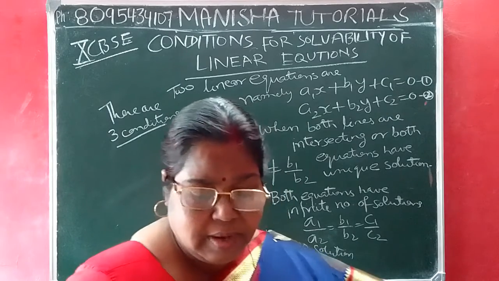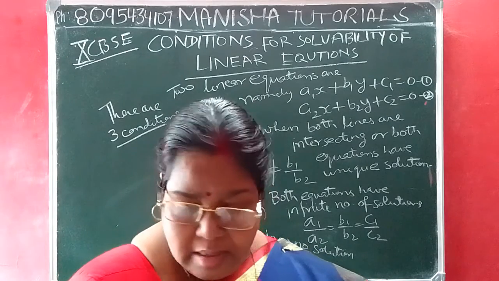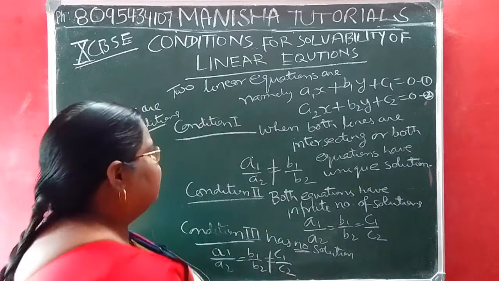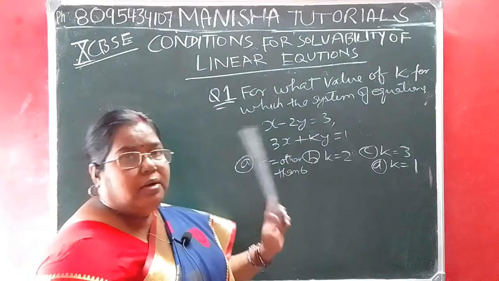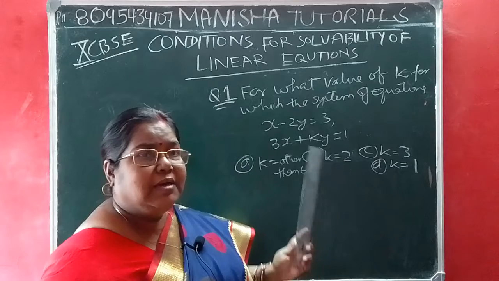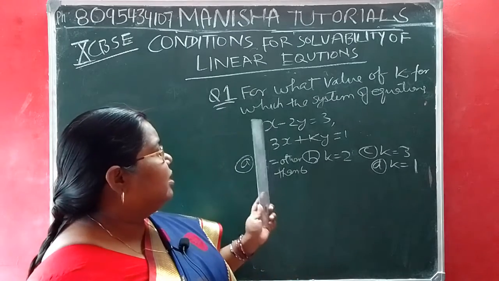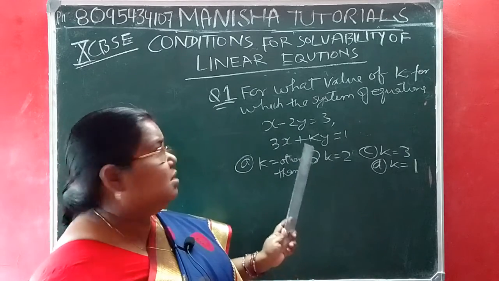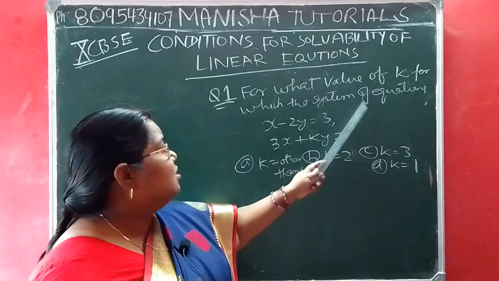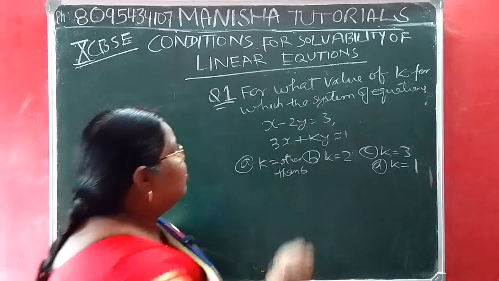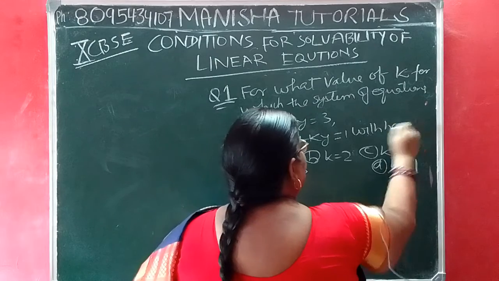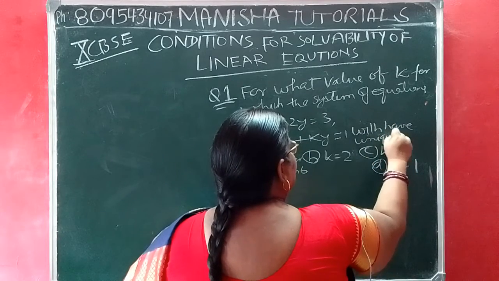What sort of problems will be asked in your exam? Please see it. Question number 1. See question number 1. Based on the conditions, this is the type of question you will be asked in MCQ for this topic. For what values of k will the system of equations shown here have a unique solution?